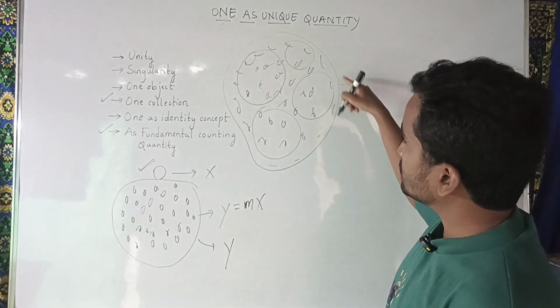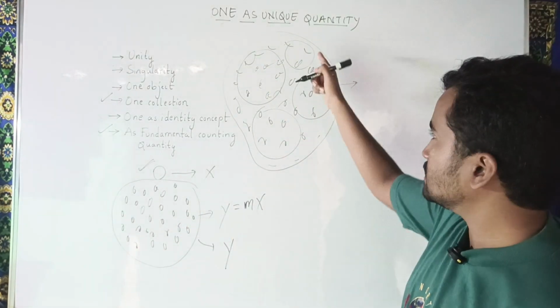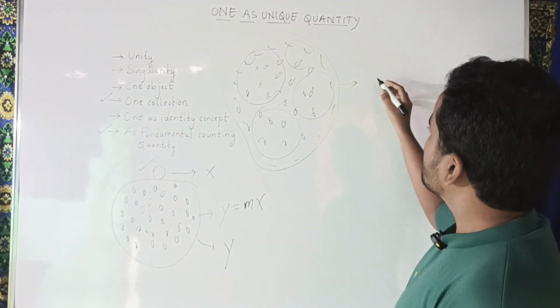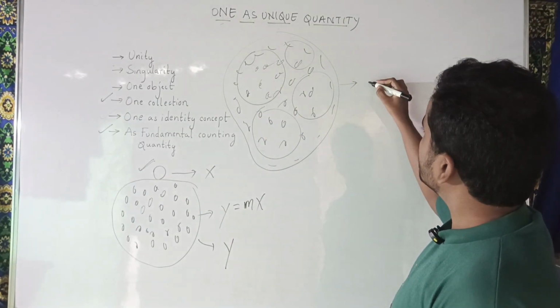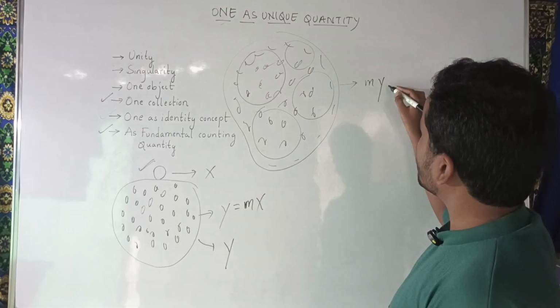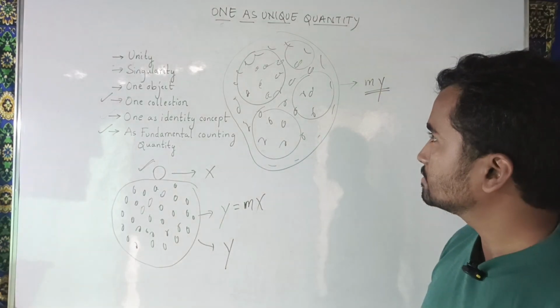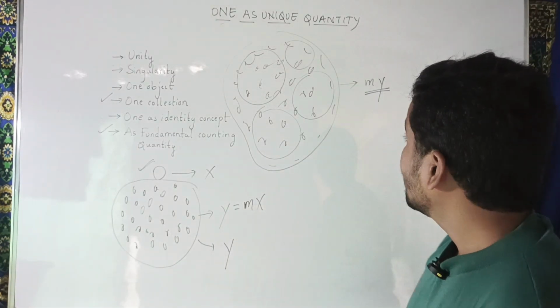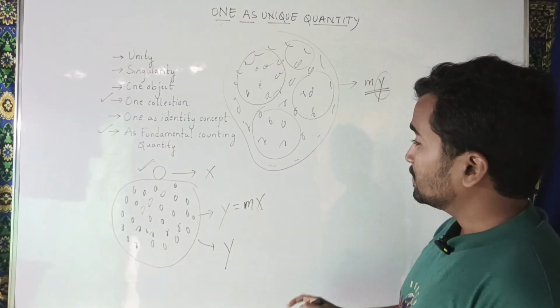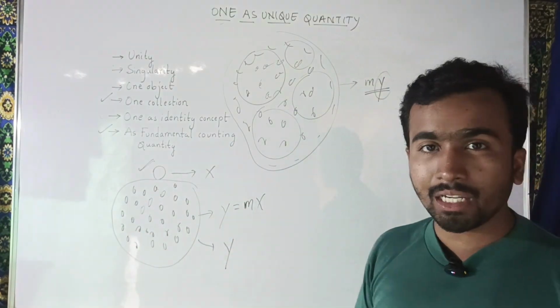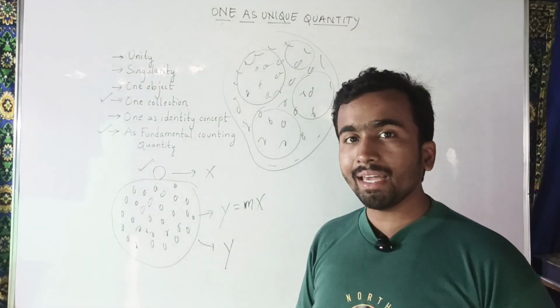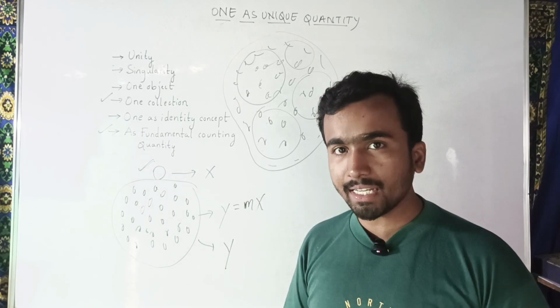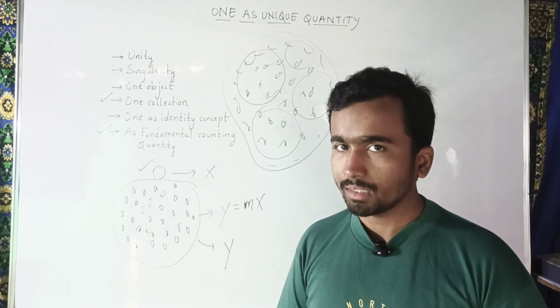So counting such collections in this group, we'll get certain value like m times y, right? It doesn't mean that y is unity. The collection is treated as a unity in order to make the numerical representation simple, right?